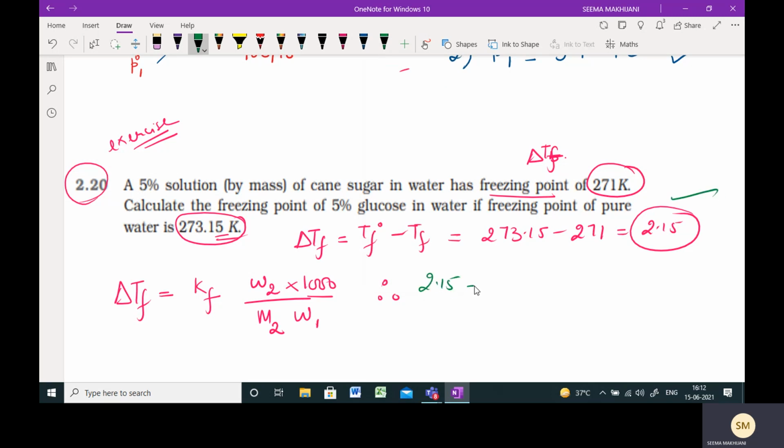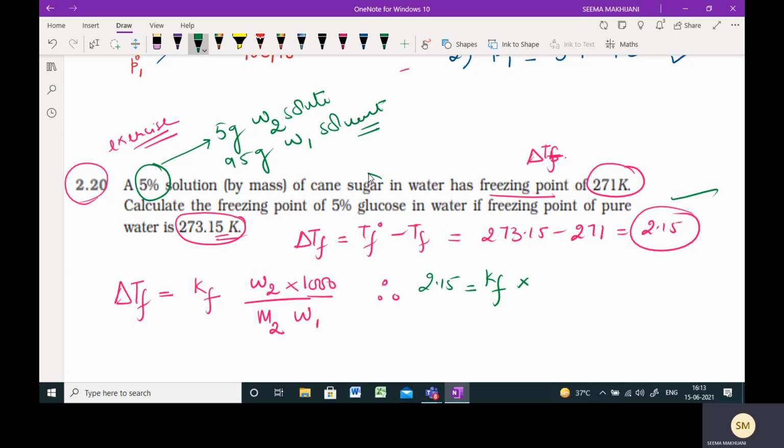So 2.15 is equal to KF, whose value is not given in the question, so please don't use it, into weight of the solute. It is a 5% solution. What does that mean? 5 grams is W2, 95 grams is W1. This is the solute. This is the solvent.